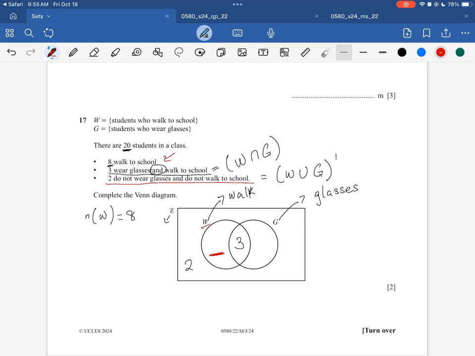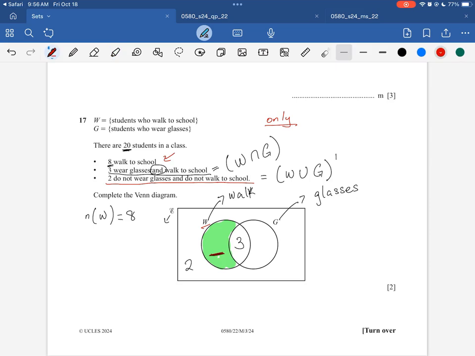Usually in a set question, when you see the term only, like people who wear glasses only, or people who walk to school only, it means this white space alone.